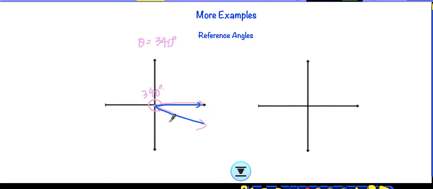And the way I think about this is always use either 180, or half circle, or the full circle to figure out which part is missing. Since it's 340 degrees, I'm missing 20 degrees here to make a full circle, so I know this reference angle is 20 degrees. If we do more here, it's gonna be the same story.